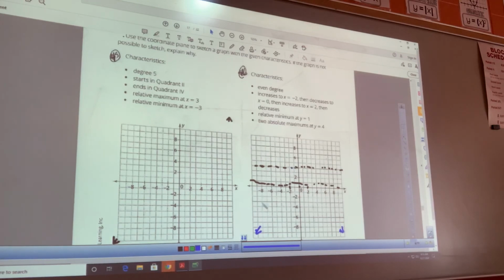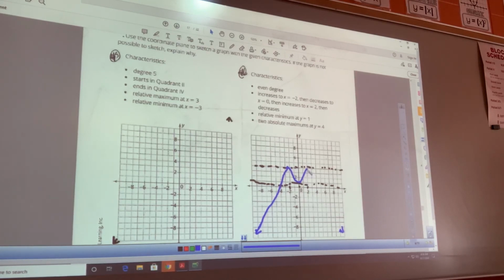It increases from here to -2. So would we go up here? And then it decreases to 0. But my relative min is here. And then it says it increases to where x is 2.